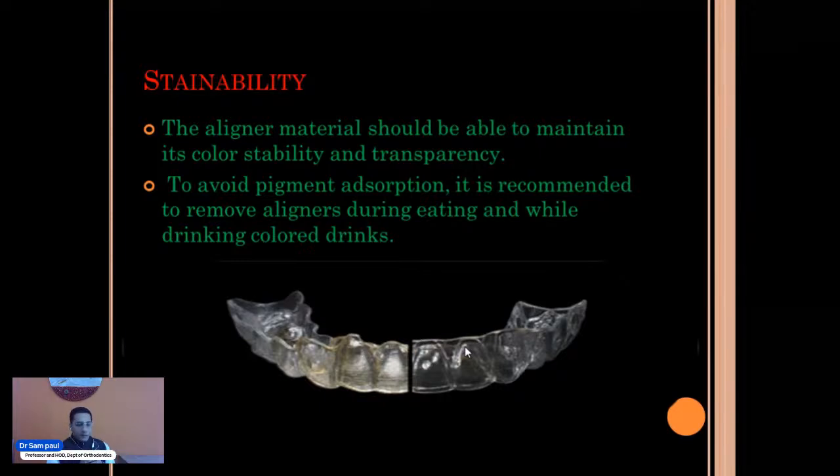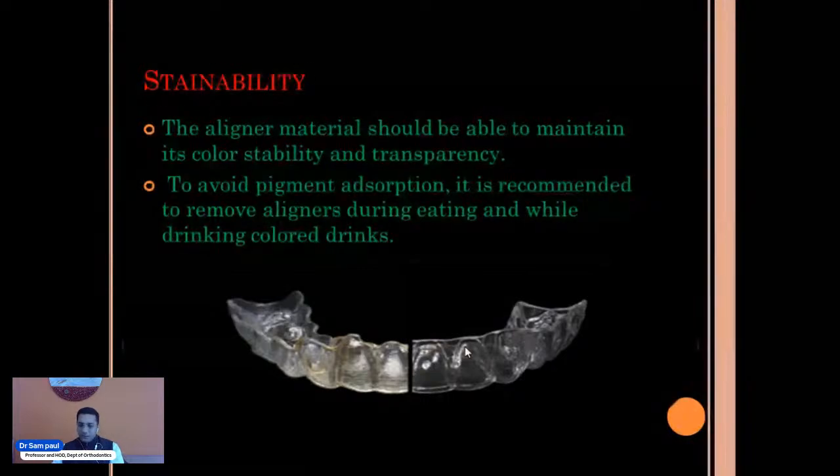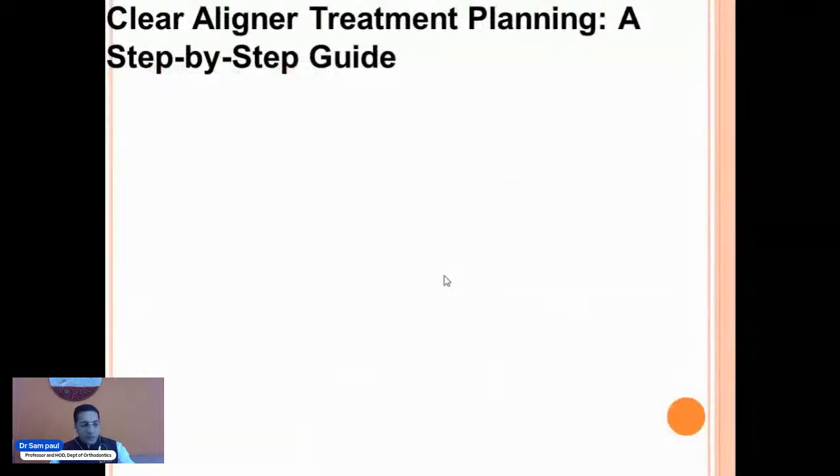Color changes in aligners have been reported on exposure to staining solutions such as coffee, black tea, and red wine. It is more prone to pigmentation when exposed to coffee and red wine. So I won't say avoid coffee, but it's better to remove the appliance when you're taking black tea or black coffee.